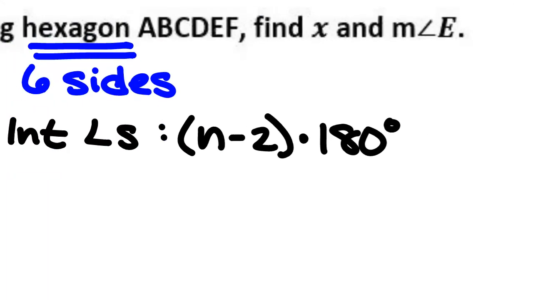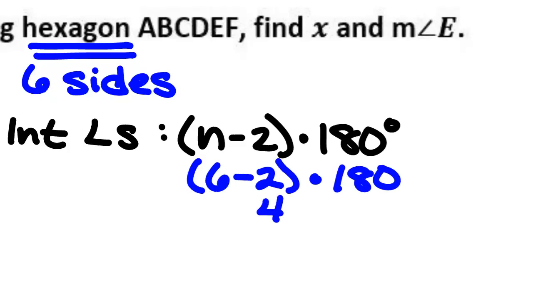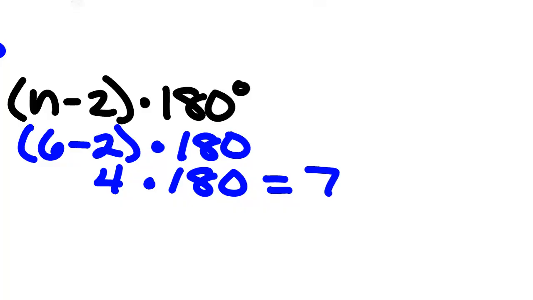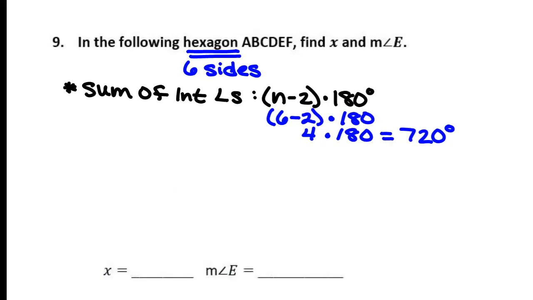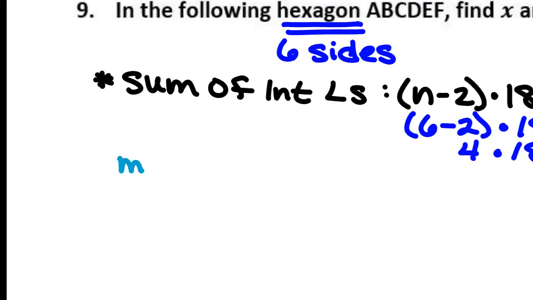So we're going to do 6 minus 2 times 180. What is 4 times 180? 720 degrees. Okay, so this is what we're going to set our equation equal to. We are going to add up angles A, B, C, D, E, and F and set that equal to 720.